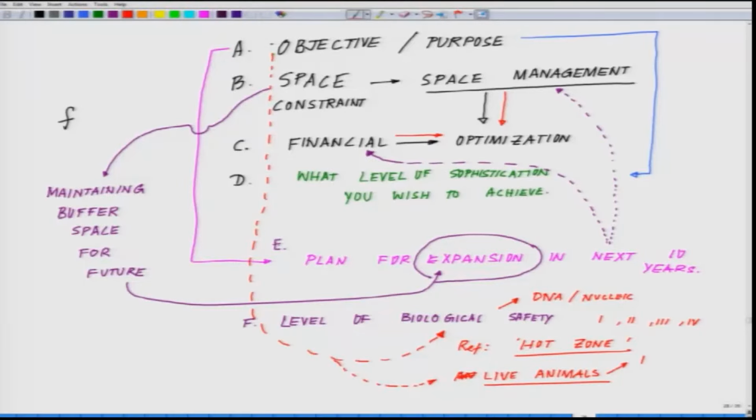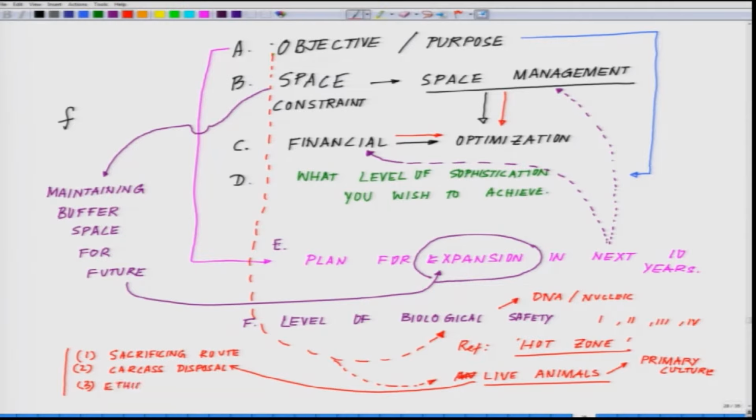Whenever we are talking about live animal or primary culture from live animal, all these points will come into play: sacrificing method, sacrificing route, carcass or cadaver disposal, and most important, they all fall under, do you have to have an ethical clearance.